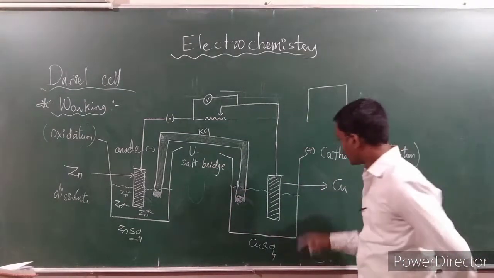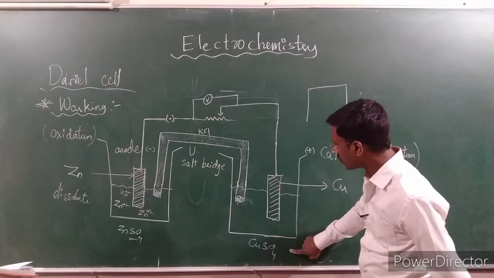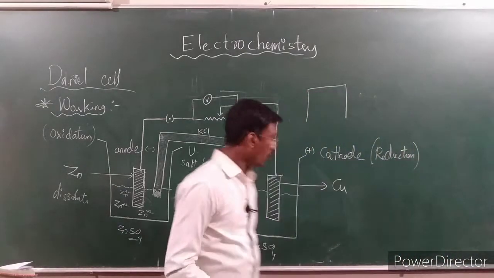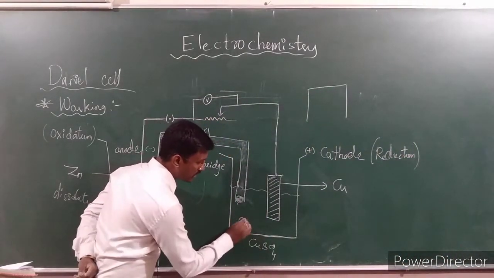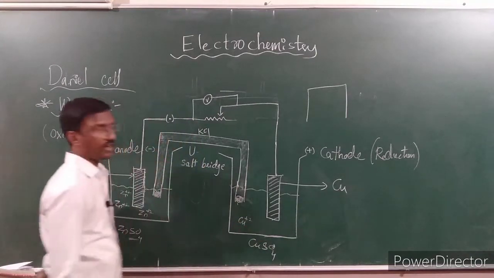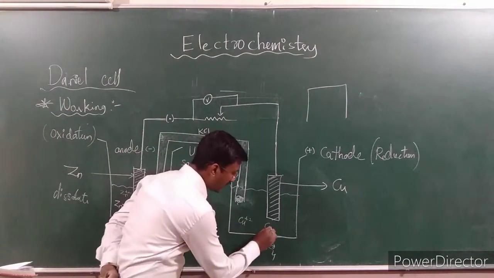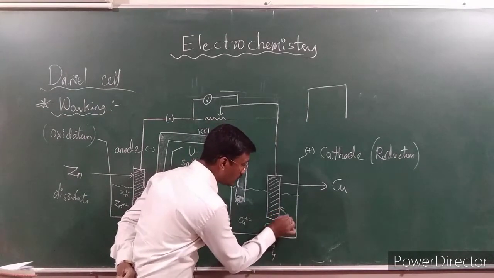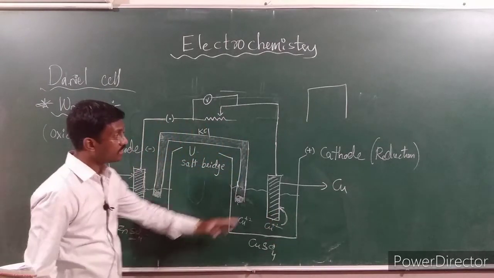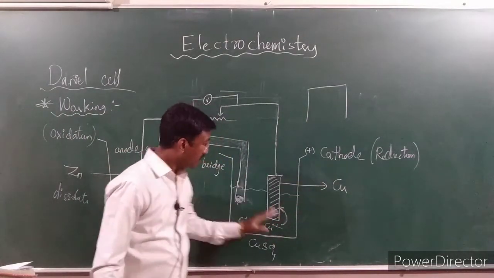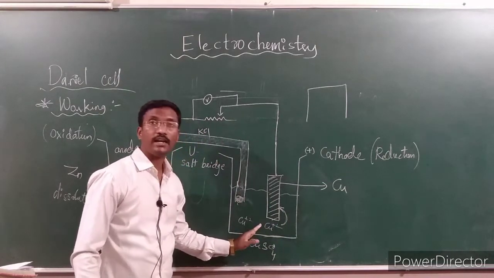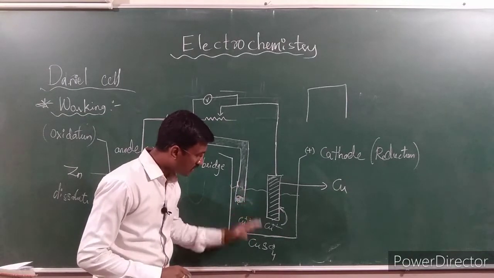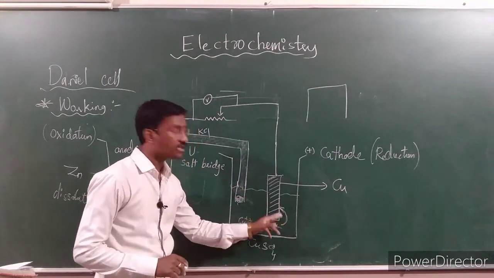The next point is copper, which is dipped in the copper solution. Here copper undergoes reduction. How? The copper sulfate contains copper 2+ and SO4 2-. The cations, copper 2+, are going to deposit on the copper rod. The copper, which is the cathode in this container, undergoes deposition. Deposition means the copper present in the copper sulfate solution is going to deposit on the electrode.